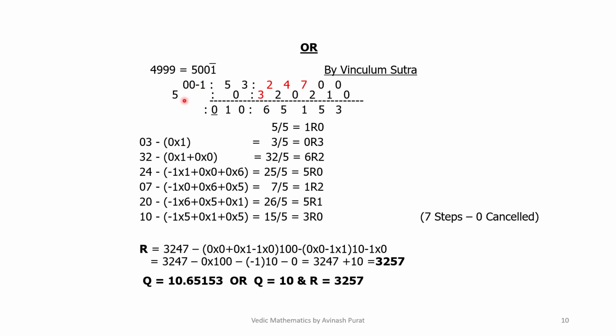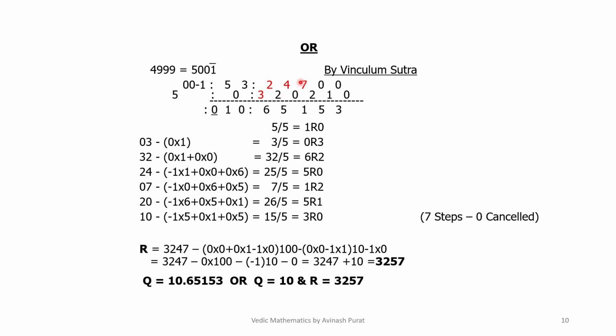Now 5 divided by 5 is 1 and remainder 0. 03 multiplied by 01, 0 into 1, that is again 3 by 5. So the quotient is 0 and the remainder is 3. Now 32 is the dividend minus 0 into 1 and 0 into 0, that is 32 divided by 5 equal to 6 and remainder 2.